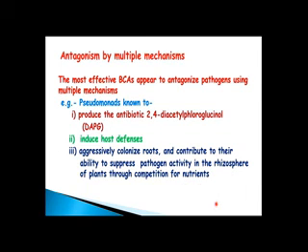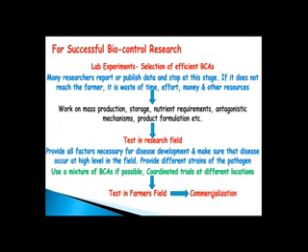And for successful biological control research, many researchers report or publish data here. They select biological control agents from lab experiments, and they report and stop at that stage. If it does not reach the farmer, it's a waste of time, effort, money, and other resources.